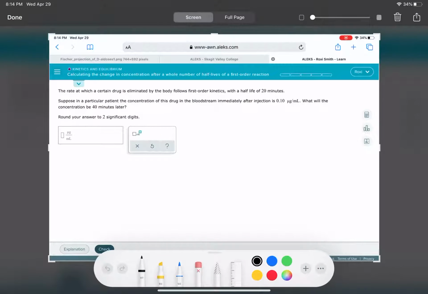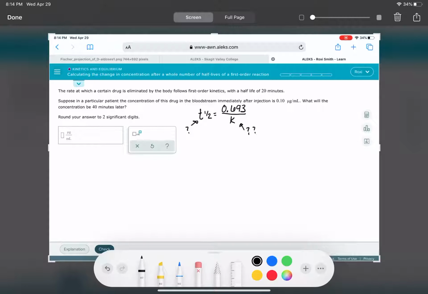For a first order reaction, the half-life equation, T one half, is 0.693 over K. So first of all, the problem is asking you to calculate a concentration, which isn't even a variable in this equation.